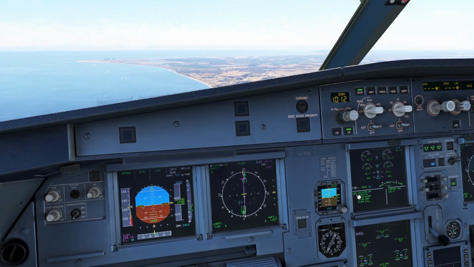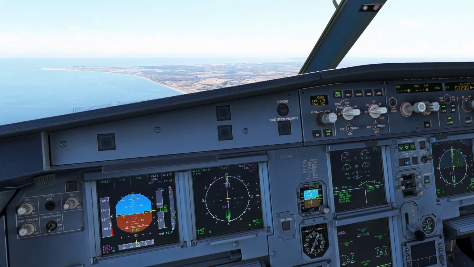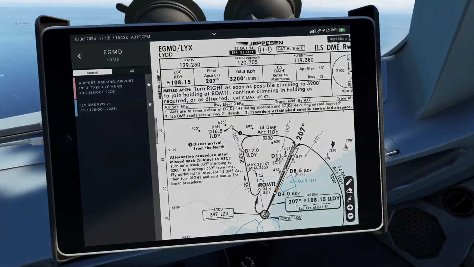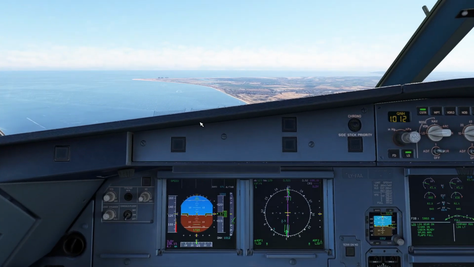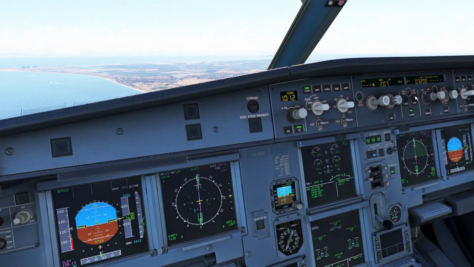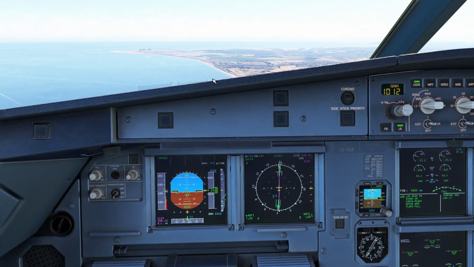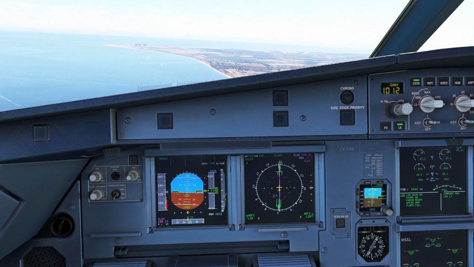And ECAM memo, landing no blue, landing checklist completed. 5 mile passed. Okay, good. And runway track 212 is set. Turning left to align with the runway center line.